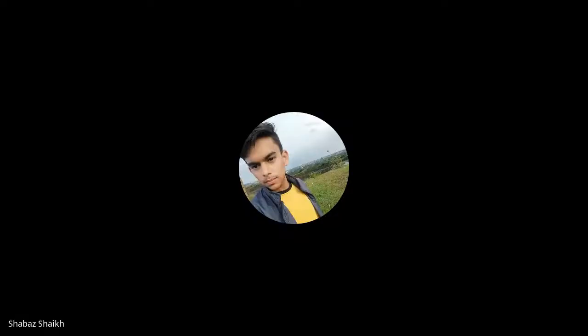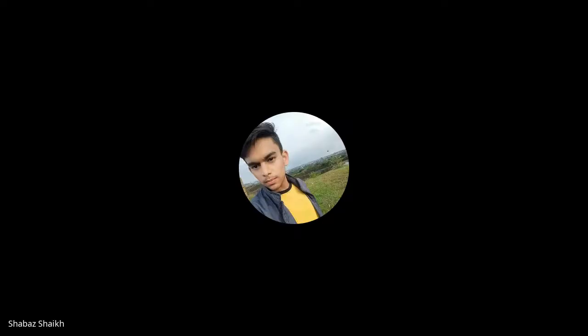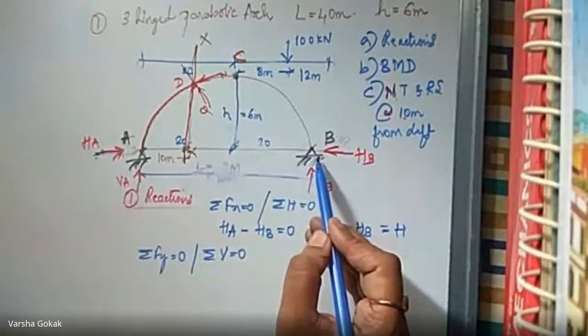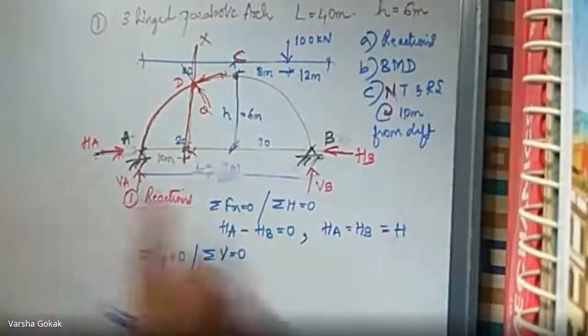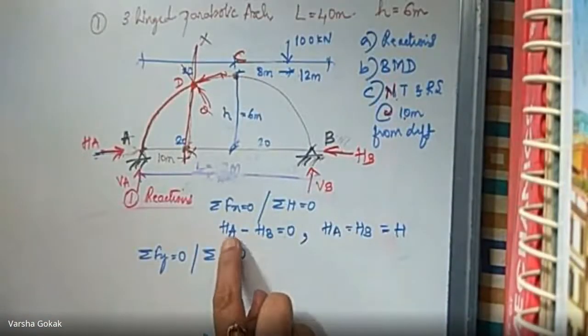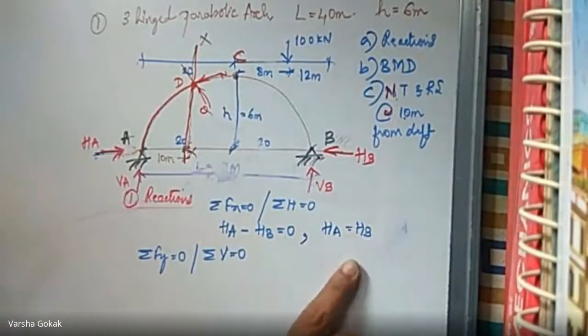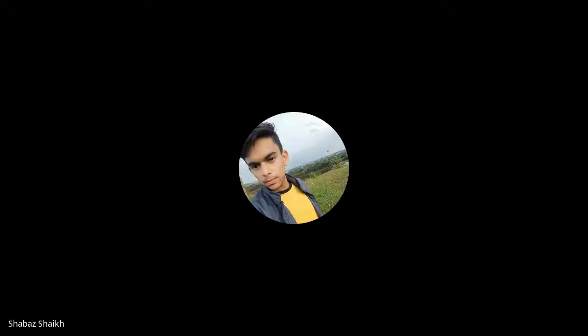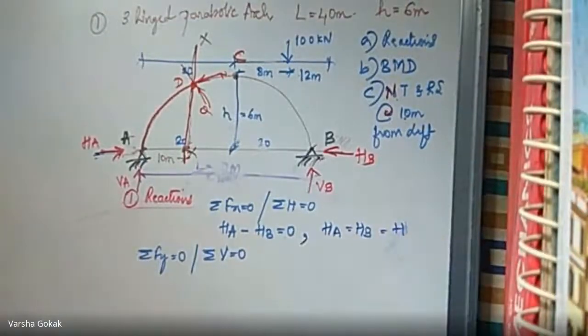This HB is going towards the left. So this becomes plus HA, this becomes minus HB, equal to 0, because there are only two horizontal forces. When HA minus HB equals 0, I send HB towards the right-hand side, then HA equals HB. So when HA and HB are the same, I give it a common name H.